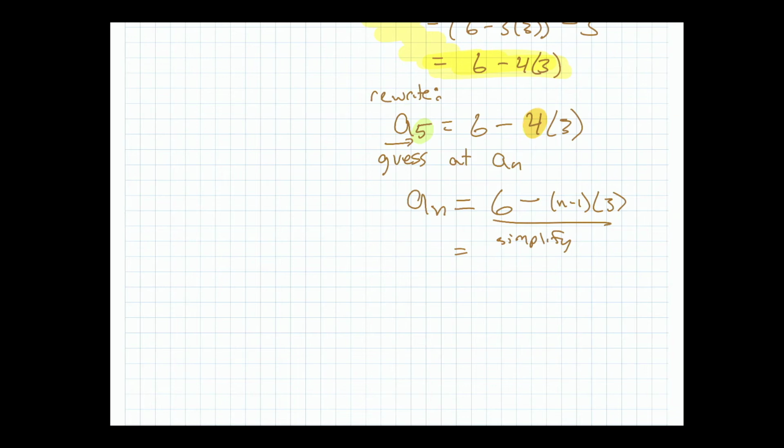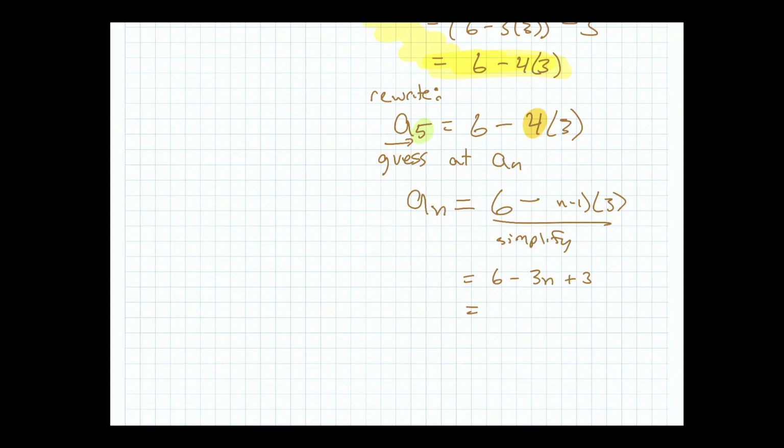Simplify. If you simplify it, you would get 6 minus 3 times n is 3n. And then 3 times negative 1 is negative 3, but there's a minus out front, so it would be plus 3. And that would be 6. No, it wouldn't.